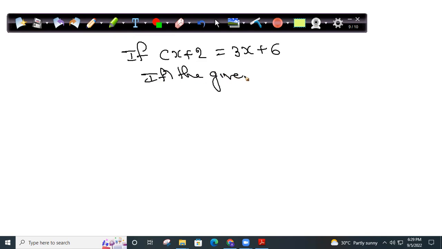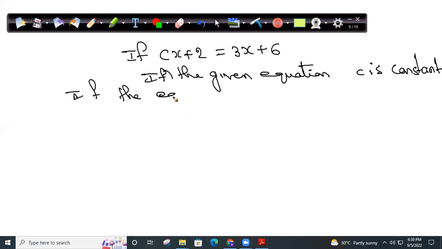If cx plus 2 is equal to 3x plus 6, in the given equation, c is a constant. If the equation has no solution, what is the value of c?